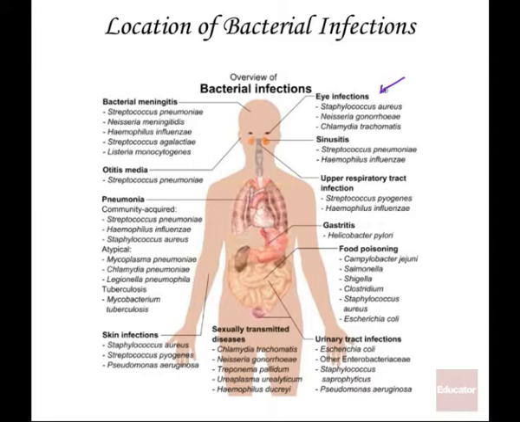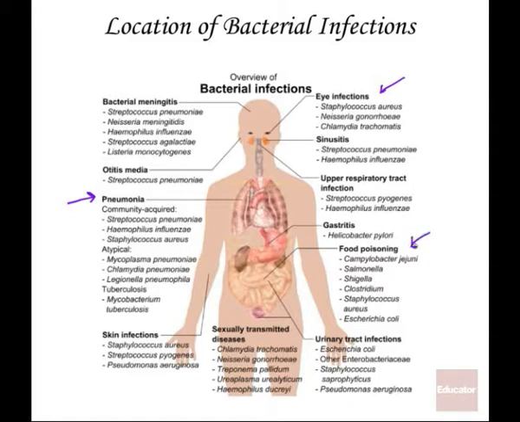We can have eye infections, sinus infections, certainly lung infections, skin infections, upper respiratory tract infection. We can have Helicobacter pylori, a bacteria living actually in the stomach environment, which, as you can tell, is very acidic.